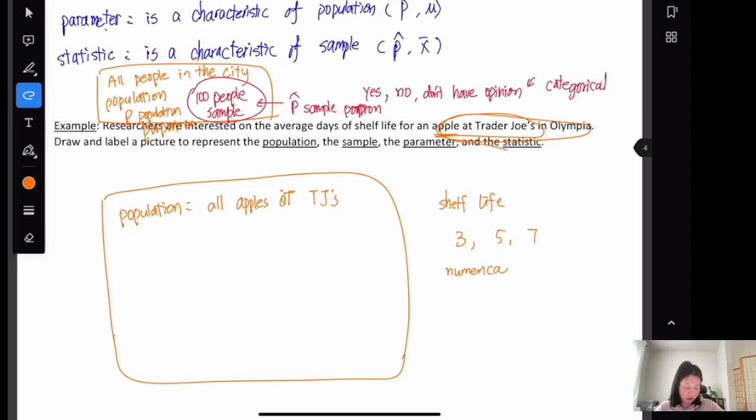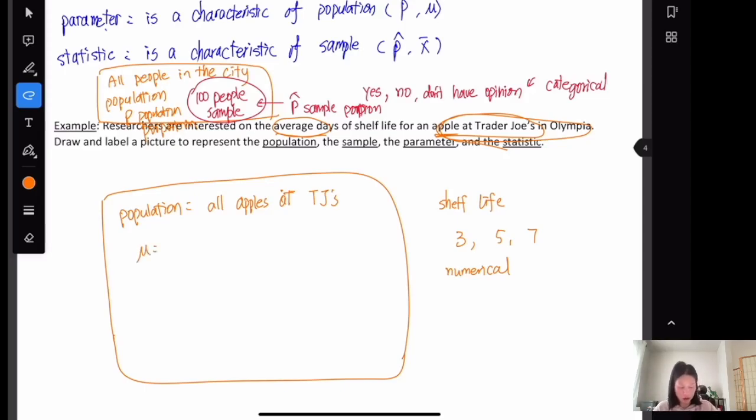So when we investigate numerical data, the quantity of interest is the mean, which is the average of their shelf life. Also, here it told you the average, which means it's related to the mean. So for the population mean, we're going to use mu to represent it.